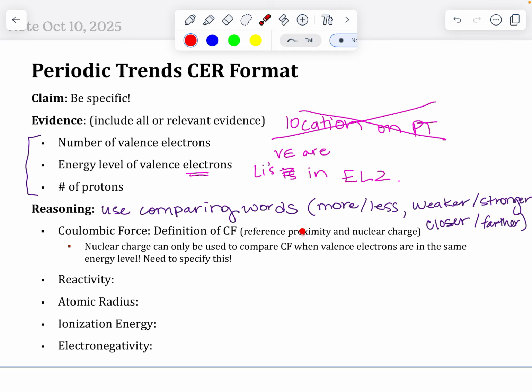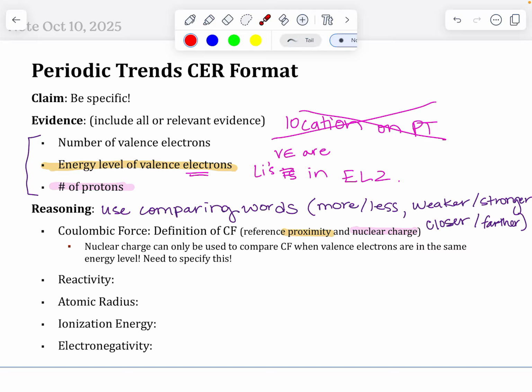With that, we want to talk about proximity. That proximity is the energy level of those valence electrons. How close are they to the nucleus? And then you can also discuss our nuclear charge, which is the number of protons.